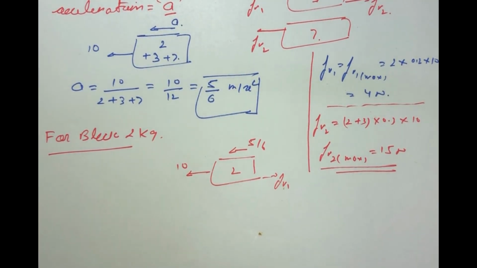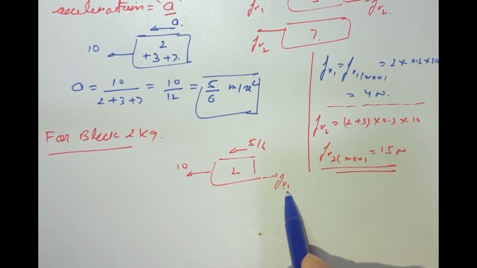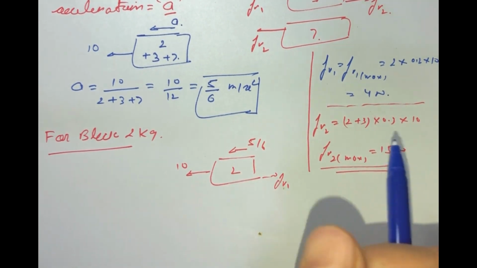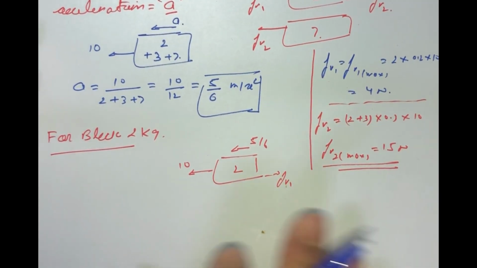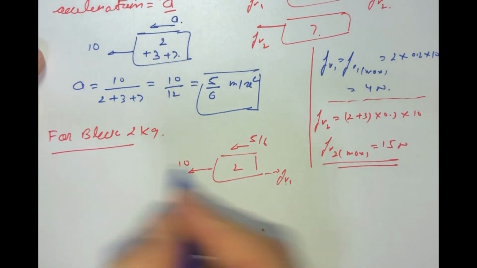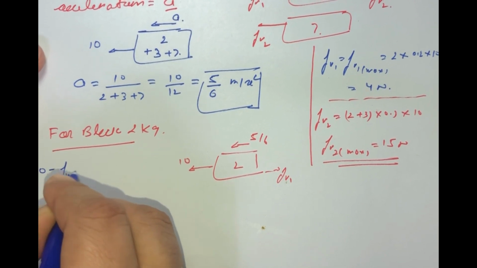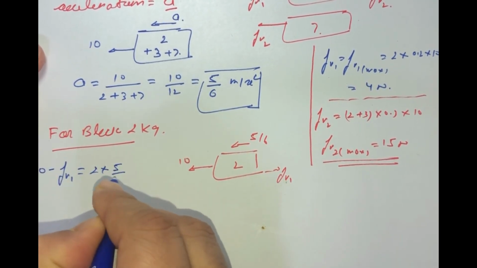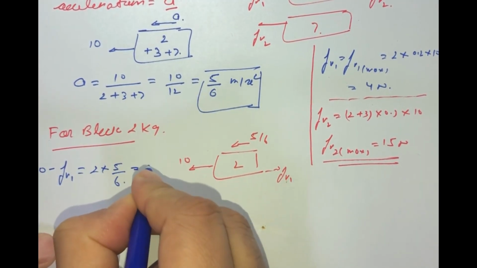In this case we are going to find the value of friction Fr1 and compare it with the maximum value, and then we can decide whether slipping is going to take place between 2 and 3 or not. So we can write this equation as 10 minus Fr1 will be equal to 2 into 5/6, which is 5/3.